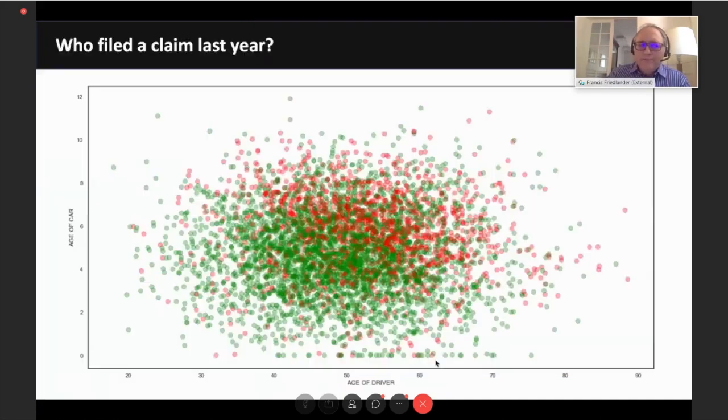Okay, so this is data I generated, but assume this is how clients reacted, right? So green is they did not claim in the past year, and red is yes, they claimed. So this makes the assumption that actually all the drivers and all the cars generate more claims.